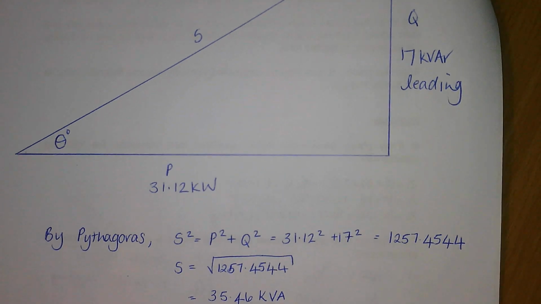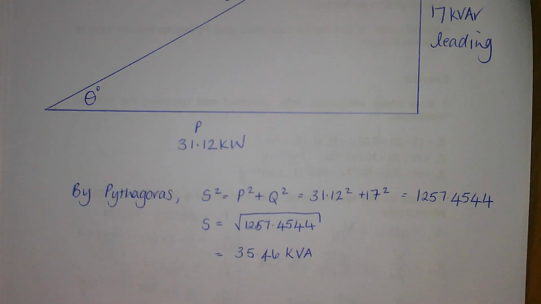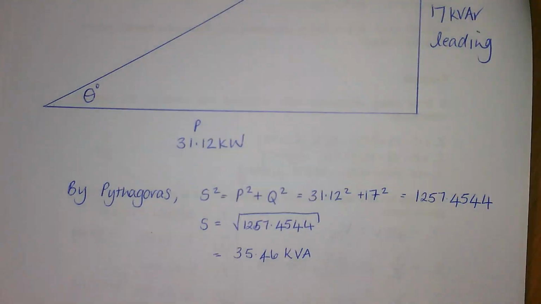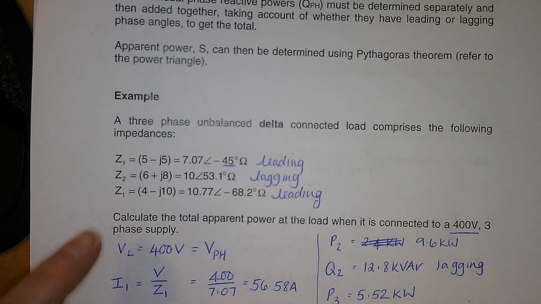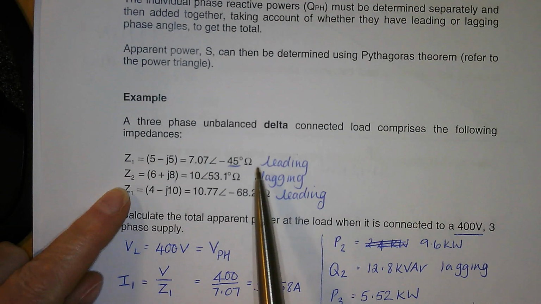And that's your power triangle to work it out. So to recap what you need to do: when you start off, when you look at your question, you want to make sure that you've got all these impedances in polar form and that you've identified whether or not they're leading or lagging.